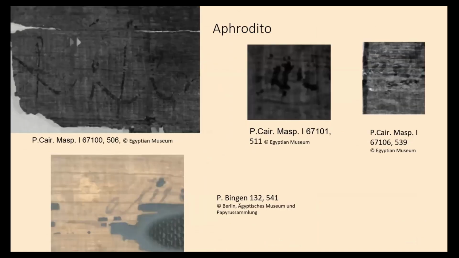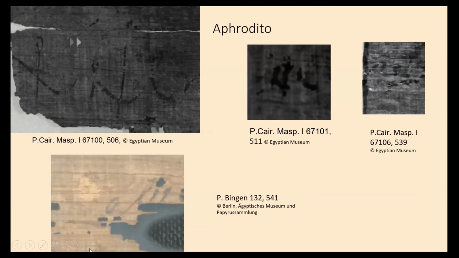In Aphrodito, there are more examples of this monogram form of abbreviation, dated from 506 to 541, and sometimes they can even be preceded by a staurogram, as you can see here.